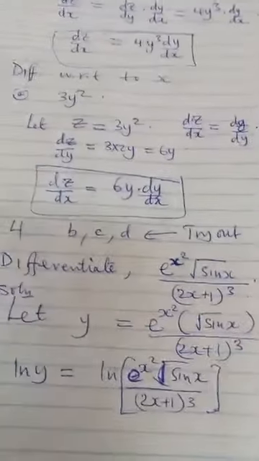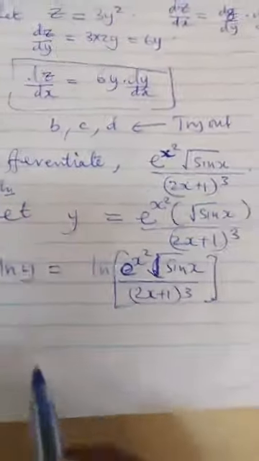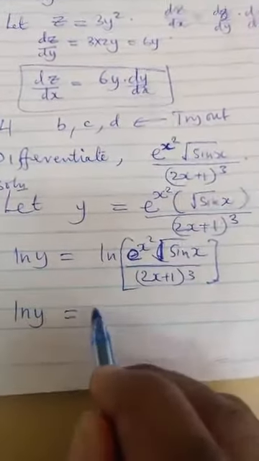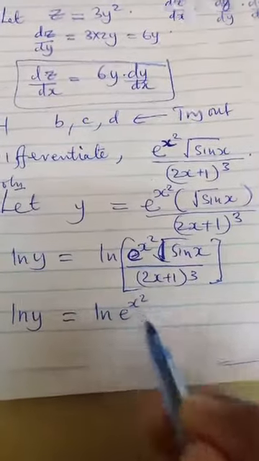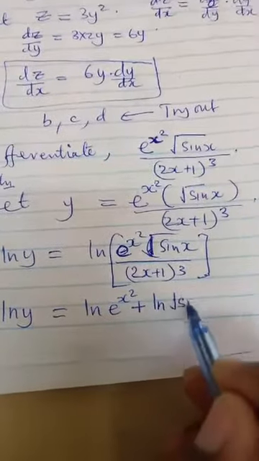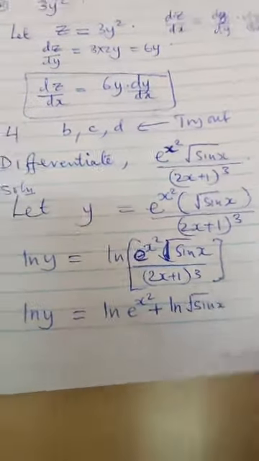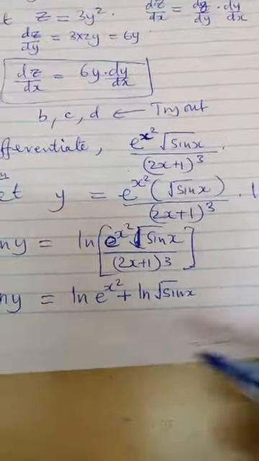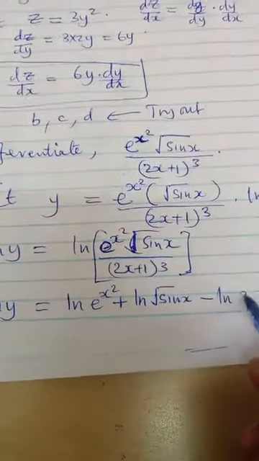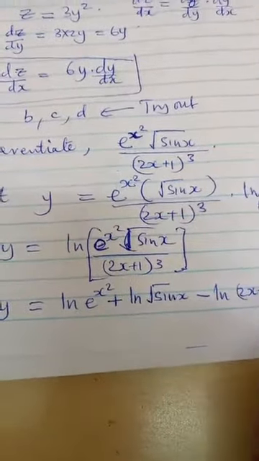And then after introducing this, we apply what the log rule dictates here. So our ln of y will definitely be equal to the ln of e to the x squared. Since we are multiplying, we add, plus the ln of the root of sine of x. And we take away from here the denominator, the ln of the denominator, 2x plus 1 cubed.